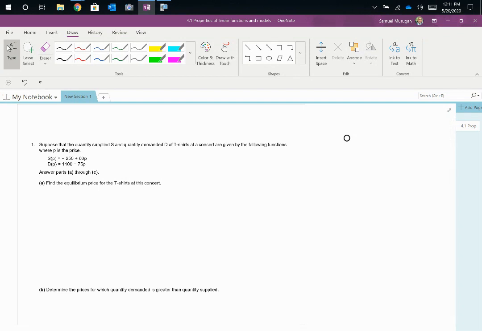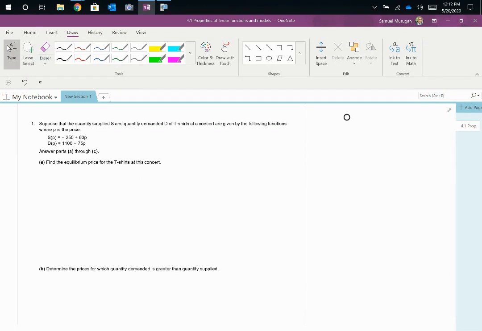Suppose that the quantity supplied S and the quantity demanded D of t-shirts at a concert are given by the following functions. S is equal to negative 250 plus 60p. You notice that has a positive slope.